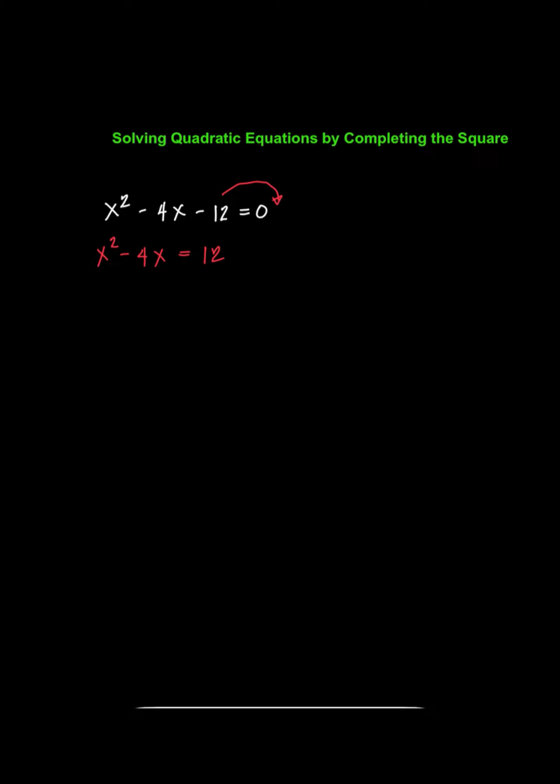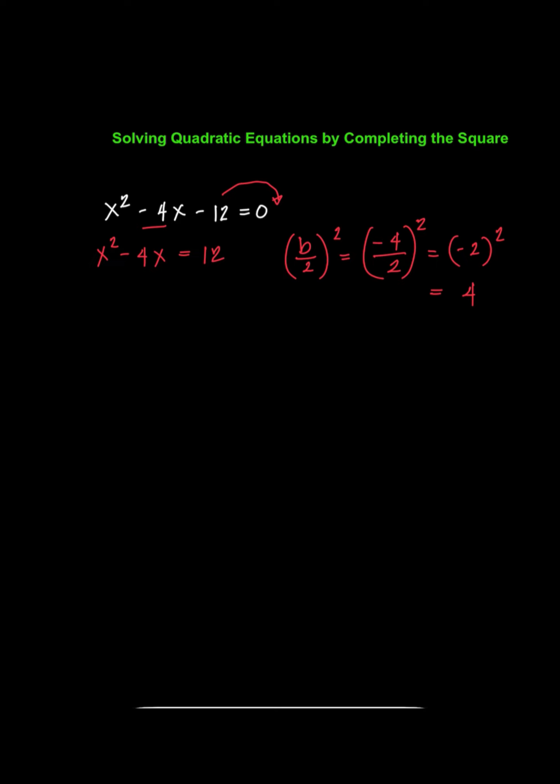And next, yung b natin, which is negative 4. So, b over 2 squared, which is equal to negative 4, yung b. B over 2 squared. So, negative 4 divided by 2, that's equal to negative 2 squared. That will give us positive 4.